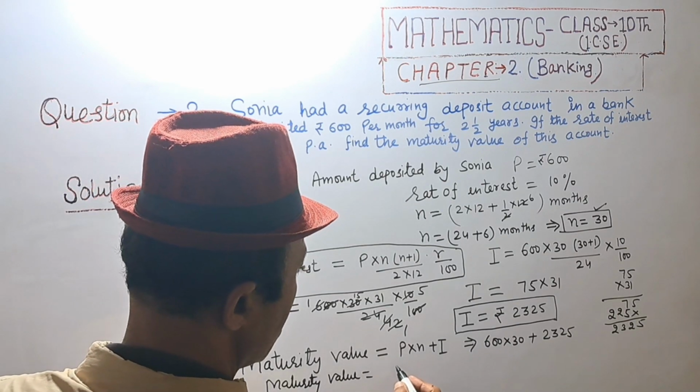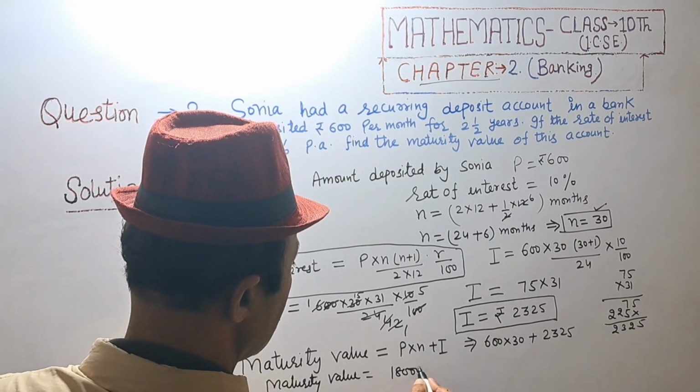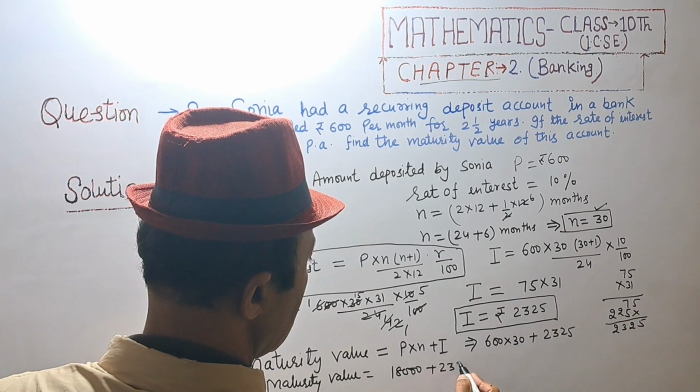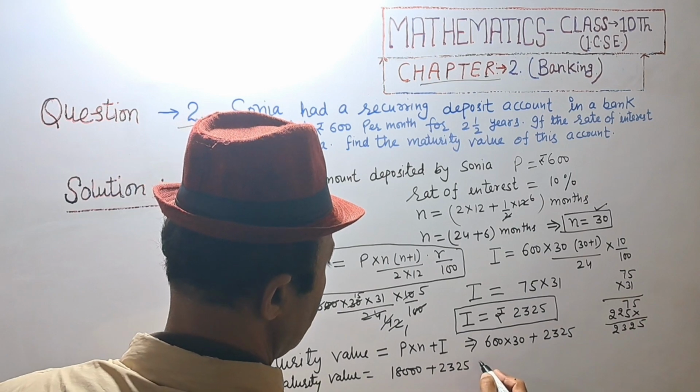Maturity value is equal to 18,000 plus 2325.